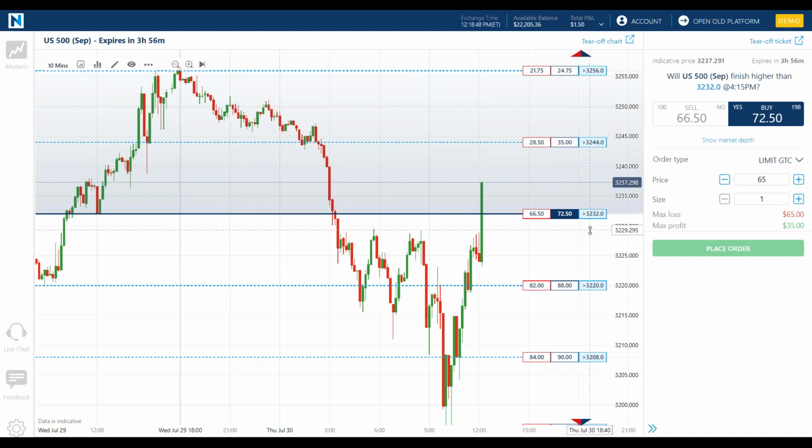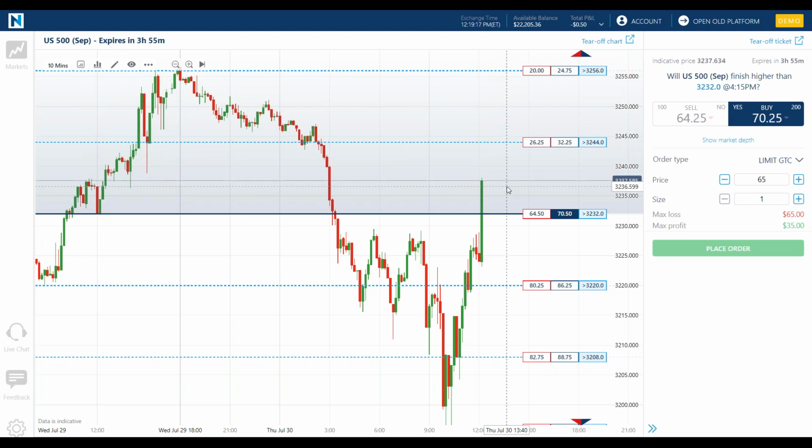I paid 65, it went to 0, I lose my $65. However, if it stays above 32.32 and settles above 32.32, the contract will go to 100 and I will make $35. So I am risking $65 to potentially make $35 because I bought.